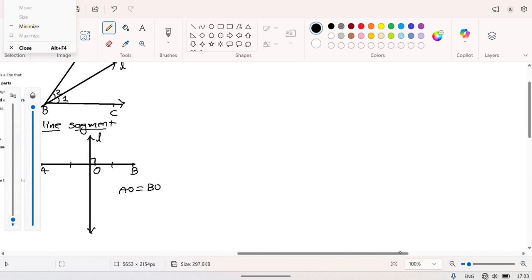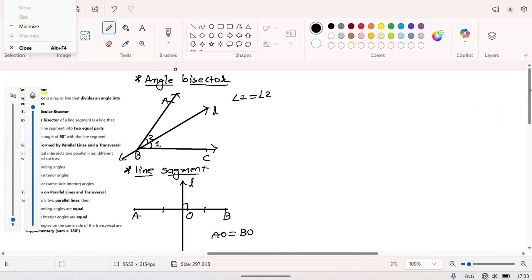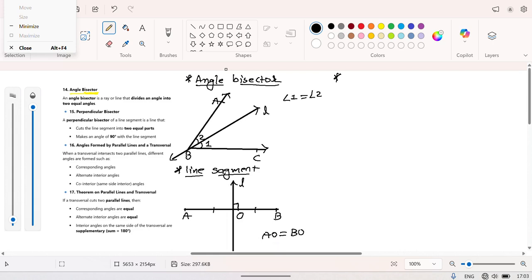Now we move to the next topic: transversal and parallel lines, and the angles made by parallel lines and a transversal.